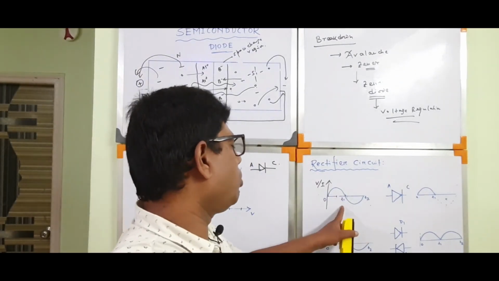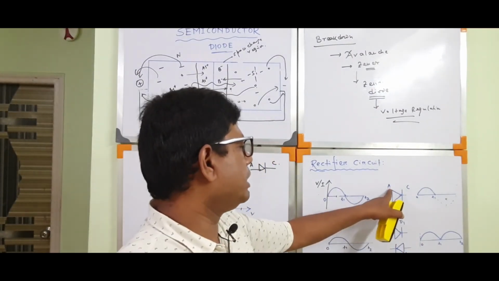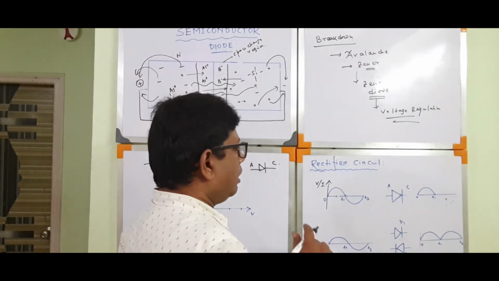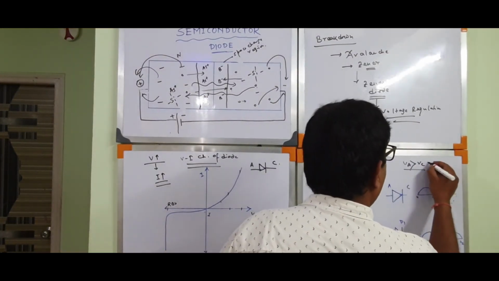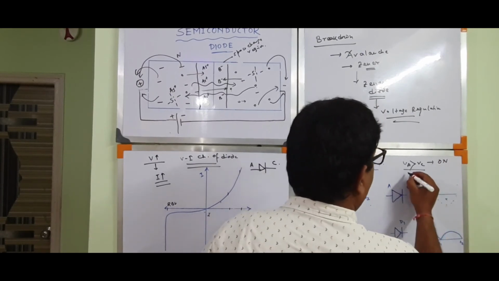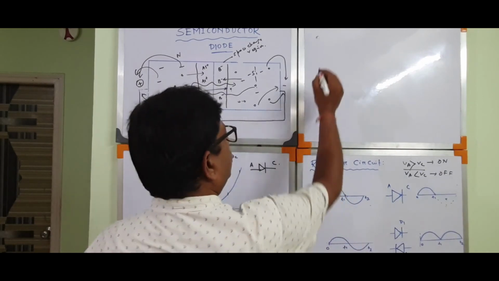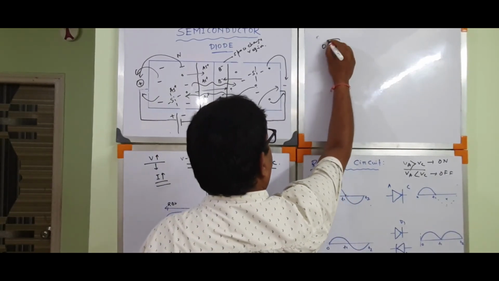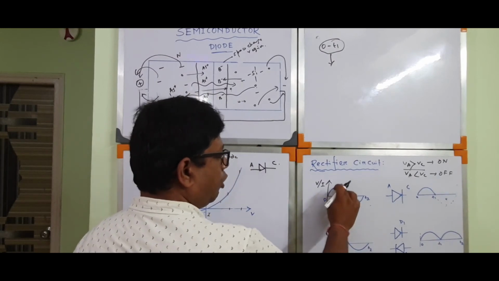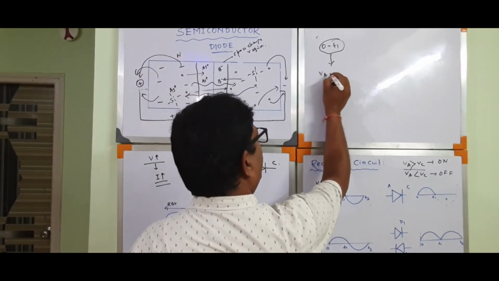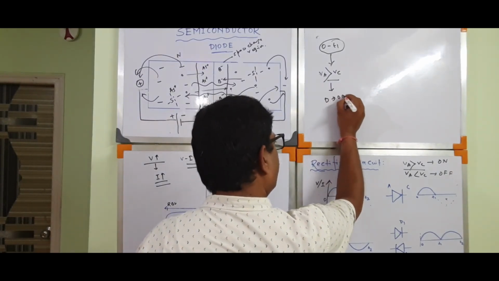If you apply this alternating signal across a diode, this is the anode and this is the cathode. We know if the anode voltage is greater than the cathode voltage, the diode is on. If the anode voltage is less than the cathode voltage, the diode is off. So from 0 to t1, the voltage is positive. That means the anode voltage is greater than the cathode voltage, so the diode is in on condition.